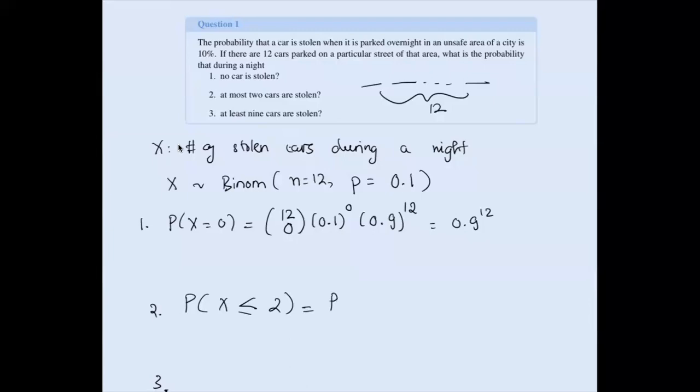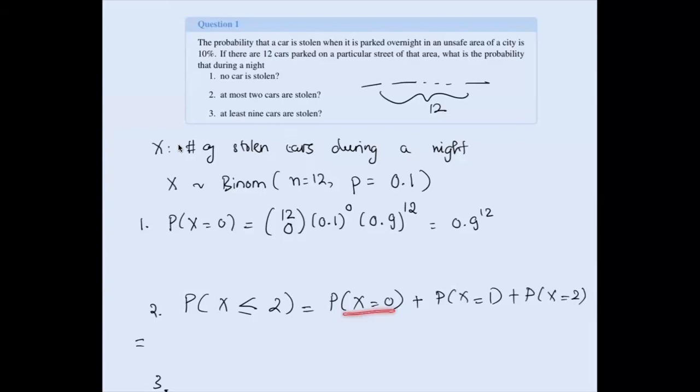So the minimum value for X is 0, and you want it to be less than or equal to 2. So you just add up to 2. 1 is less than 2, so we want it. 2 is equal to 2, so we want it. 3 is greater than 2, so anything from 3 and above, we don't want.